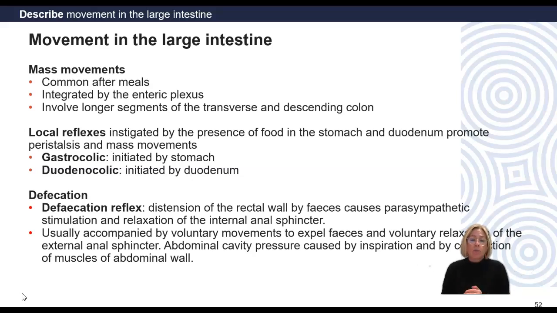This is usually accompanied by voluntary movements to expel feces and voluntary relaxation of the external anal sphincter. And this is facilitated via increased abdominal cavity pressure caused by inspiration, or breathing in, and by contraction of the muscles of the abdominal wall.